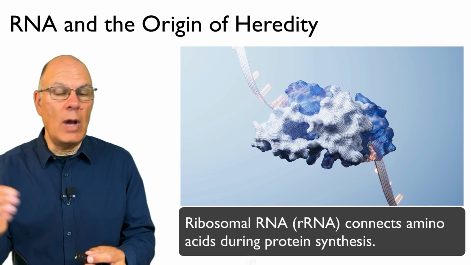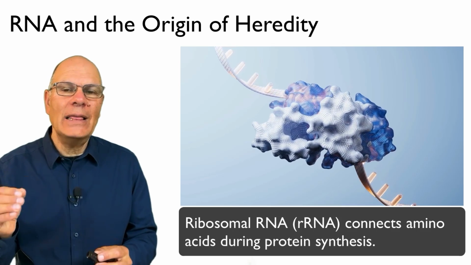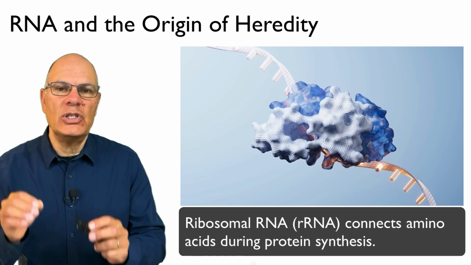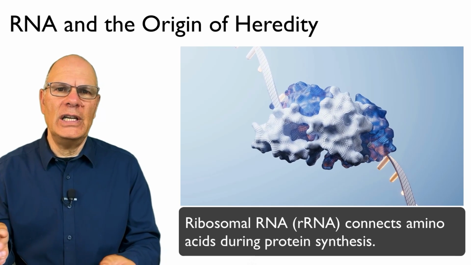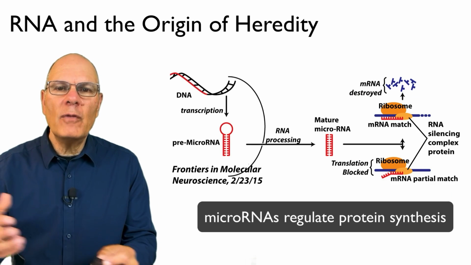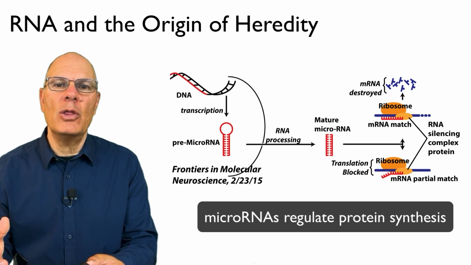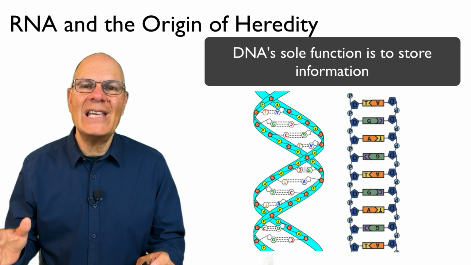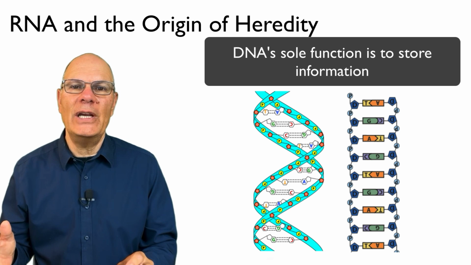It does so in ribosomes, where the catalytic part of a ribosome is what actually stitches together amino acids to create polypeptides and then proteins. We have spliceosomes, we have microRNAs, all of which are catalytic, acting upon the world. DNA, with its double helical form, is fantastic for storing genetic information.